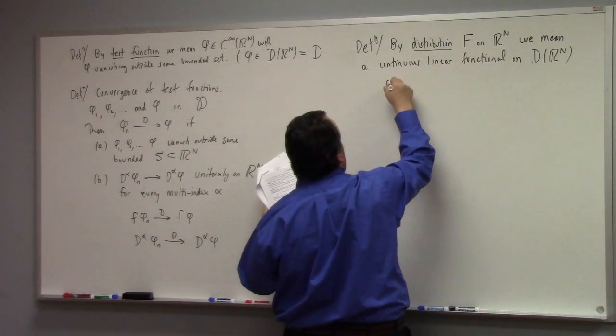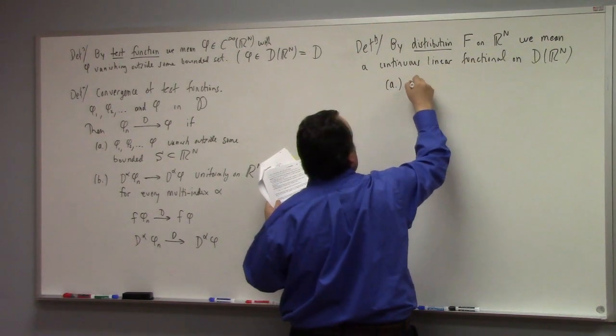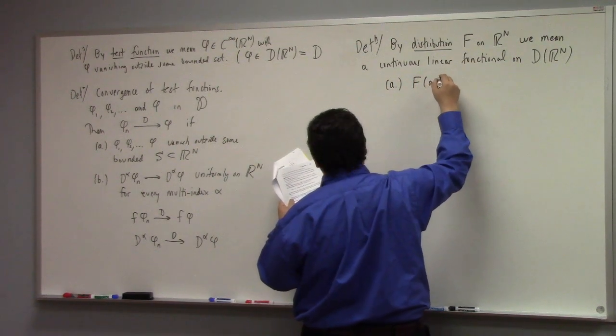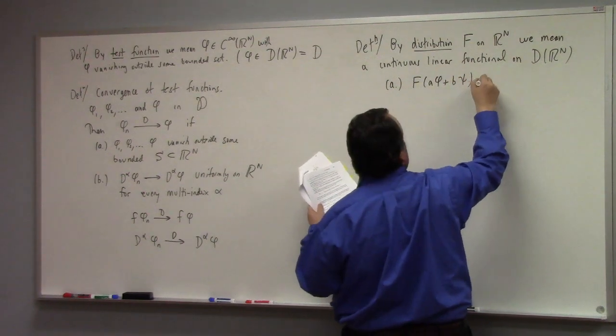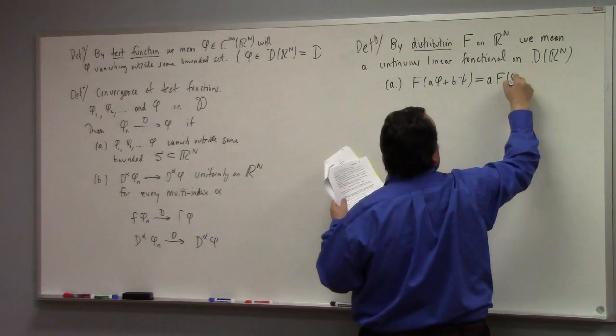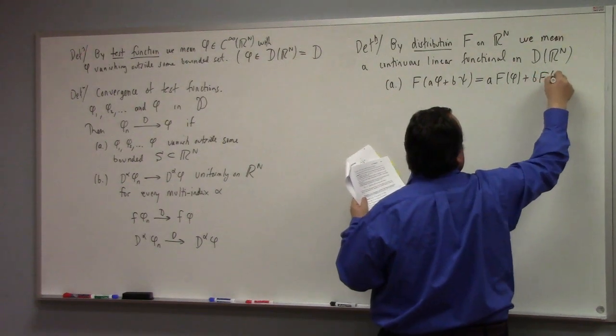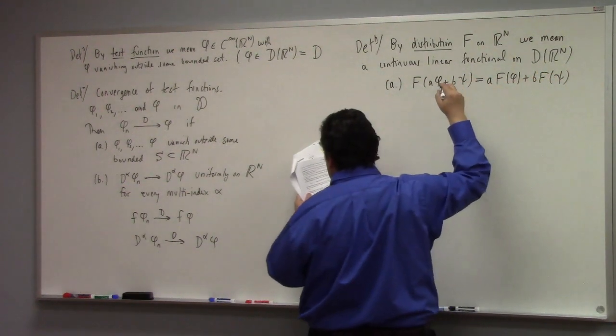In particular, you need A, F of a phi plus b psi is a F of phi plus b F of psi. So there you go, there's the linearity.